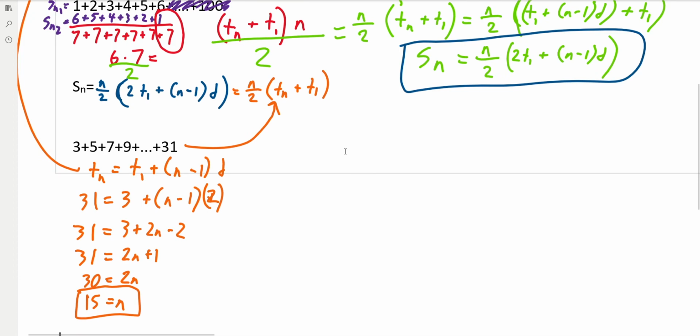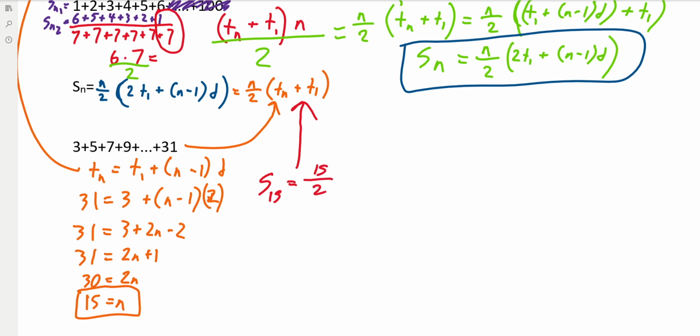Okay, hopefully this is not going to be too big of a number. I don't think it'll be too bad. All right, so now that we have that n, we can plug it into this equation. So Sn equals, and we can actually say S15 equals 15 over 2. Tn is 31, plus T1 is 3.